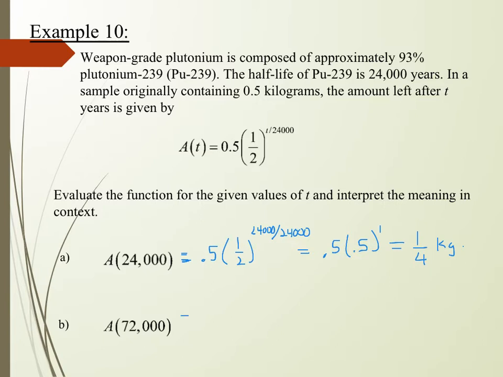So now, after 72,000 years, we have 0.5 times 1/2 raised to 72,000 divided by 24,000.